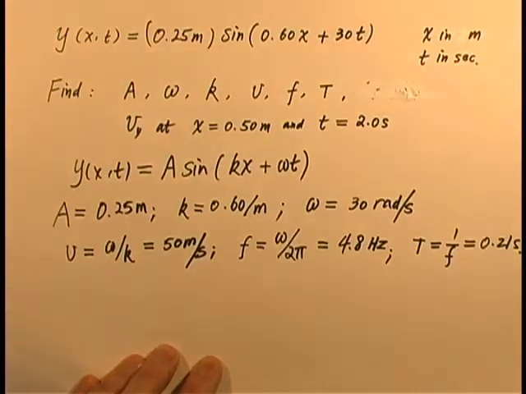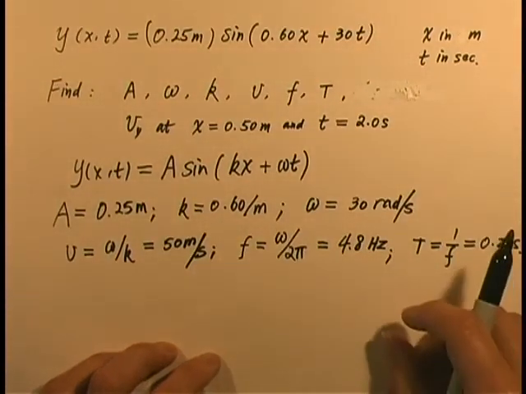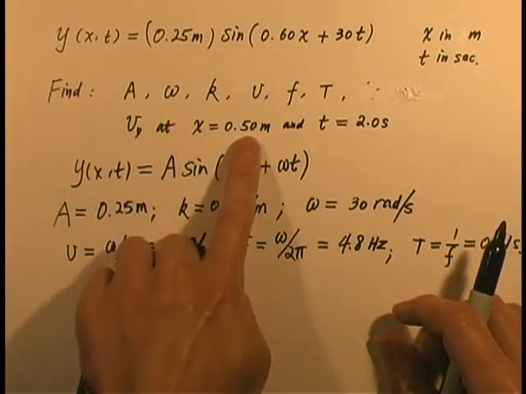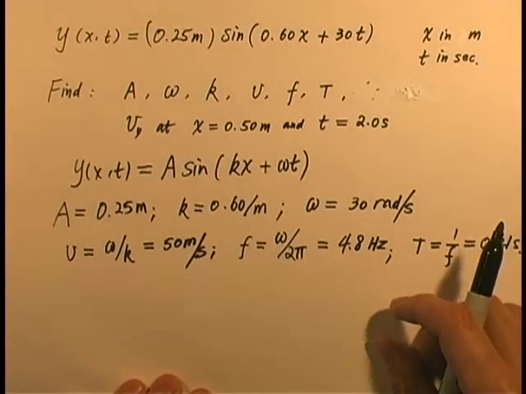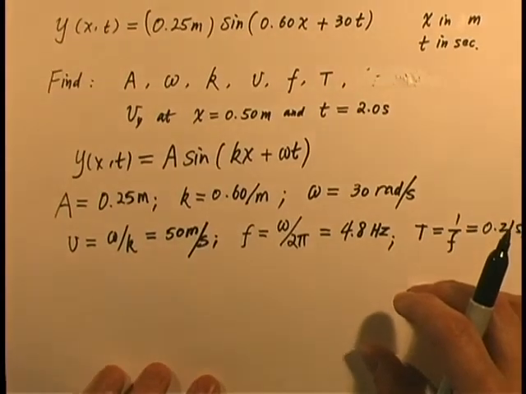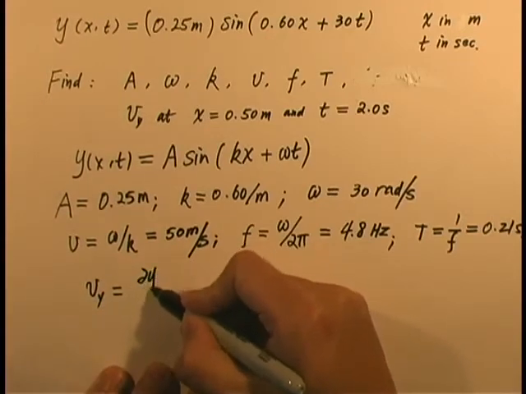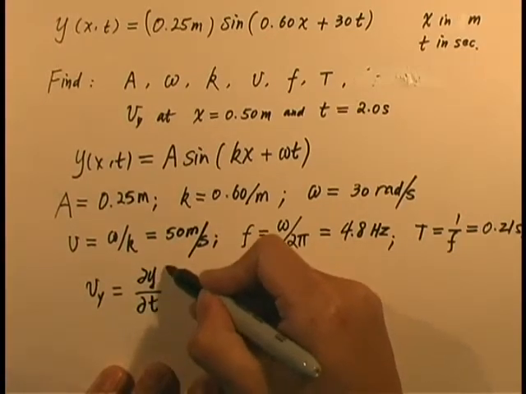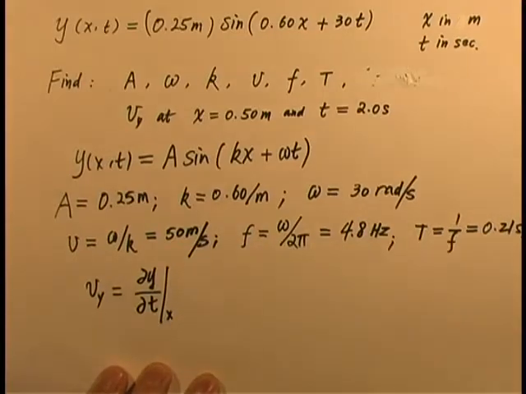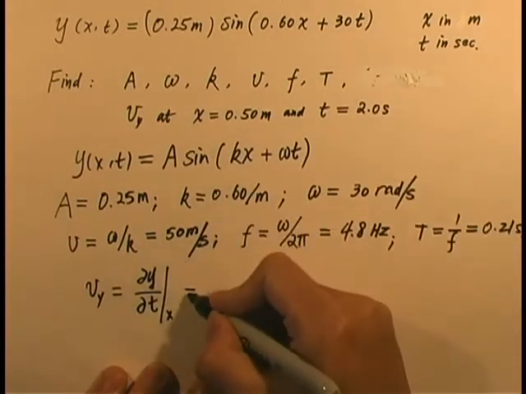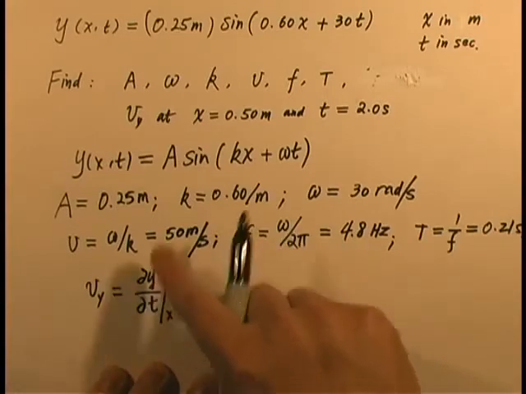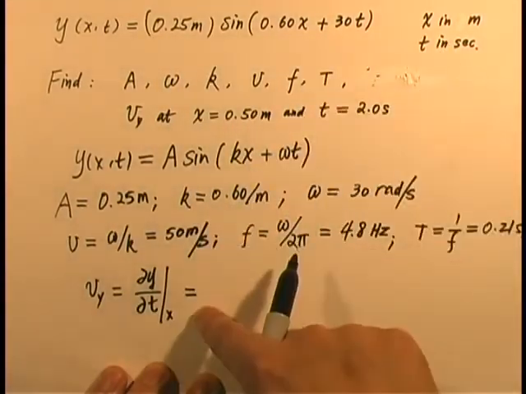Okay, finally, how fast does a particle move at this location and this time? Well, what you're looking for is Vy, which is partial y, partial t at that location x, right? Okay, let's do the partial derivative, shall we? y is equal to this, right? Let's plug that in here.